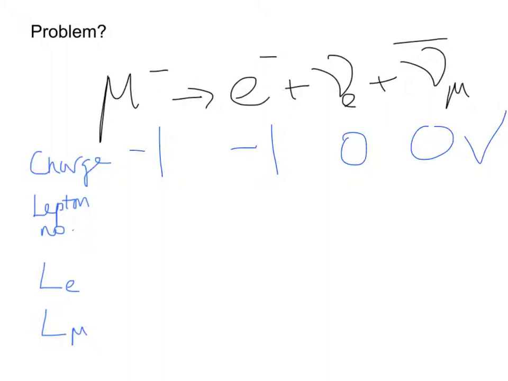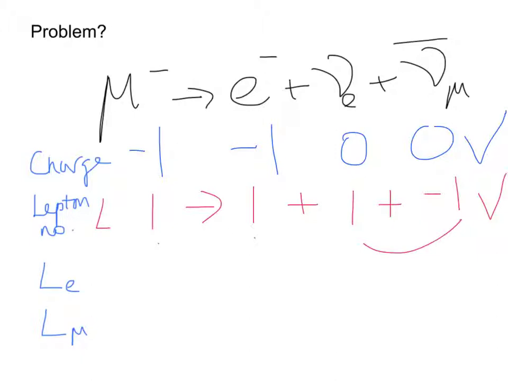Let's have a look at the lepton number, L. We've got a lepton, yep. We've got an electron, we've got an electron neutrino, we've got a muon antineutrino, which is -1. Those cancel out, leaves 1 and 1, so that looks fine. But actually this interaction cannot exist, it doesn't happen.